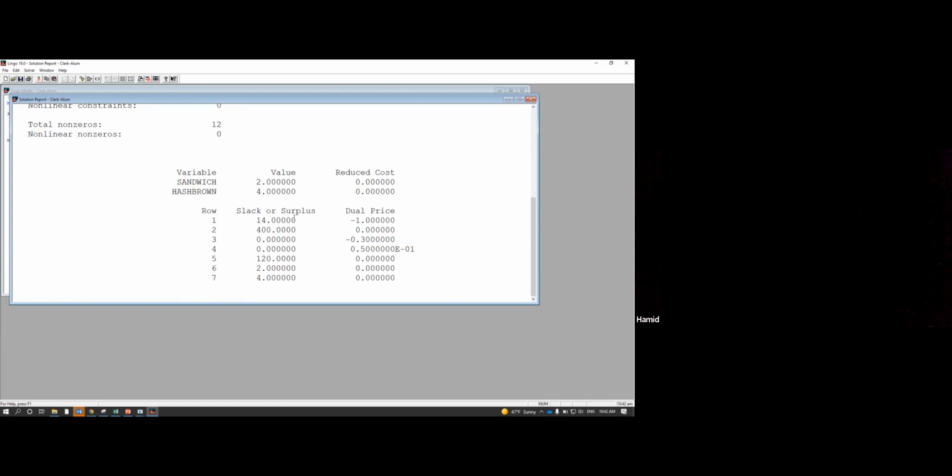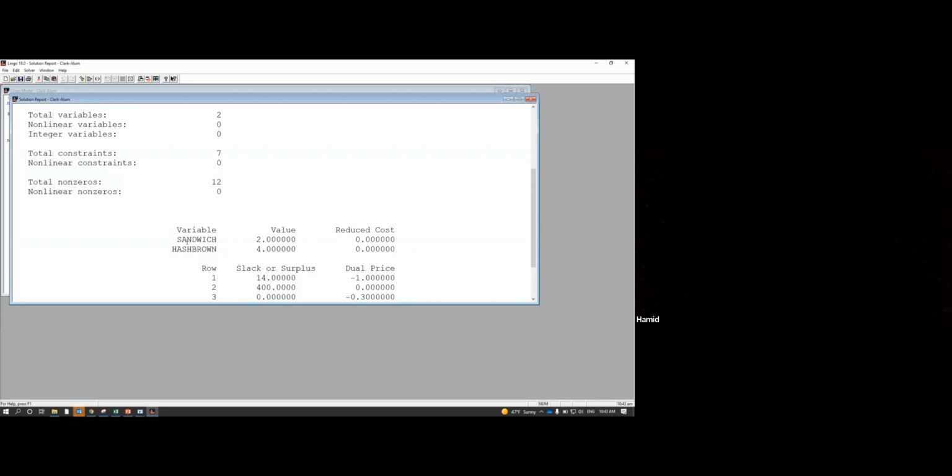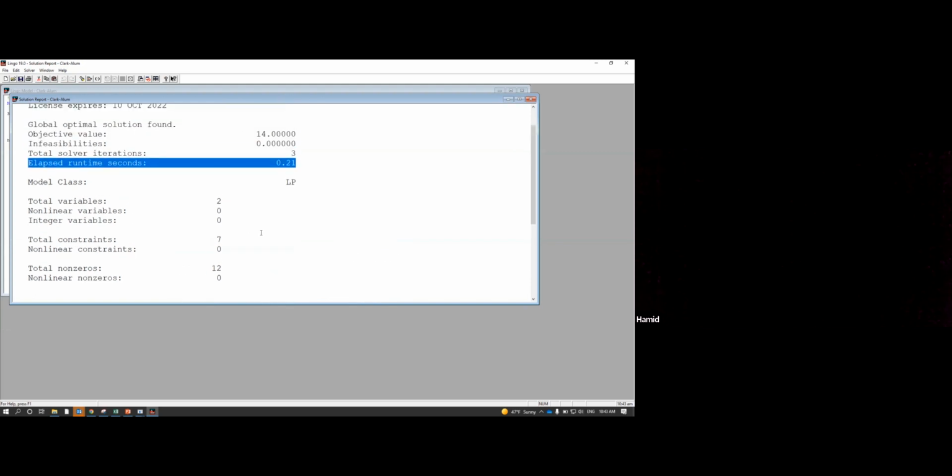When the inequality is greater than or equal, you have a surplus. So in this plan, you should have 4 hash browns and 2 sandwiches, and the objective function value is 14.